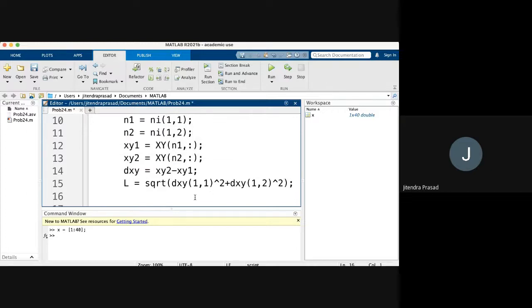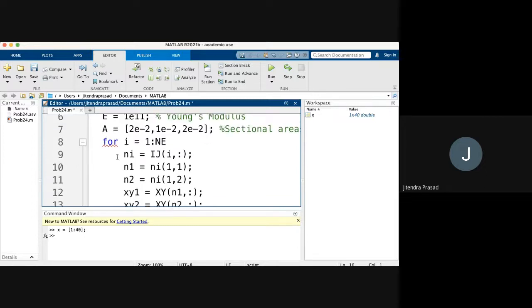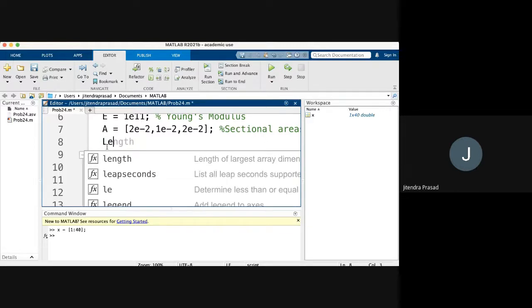And then we take the square root of that. That gives you the length L. You can also define the length, or call it LE.